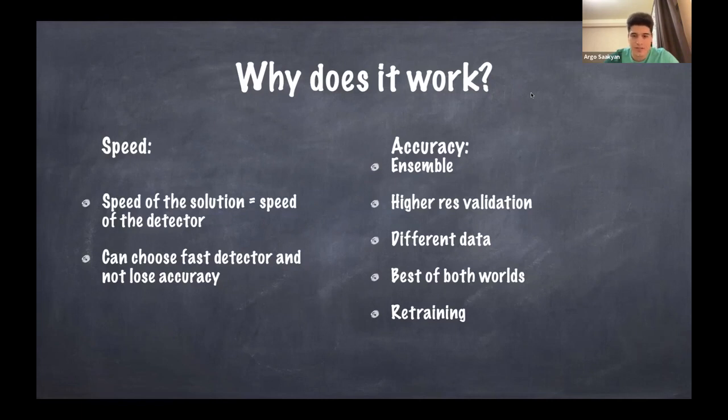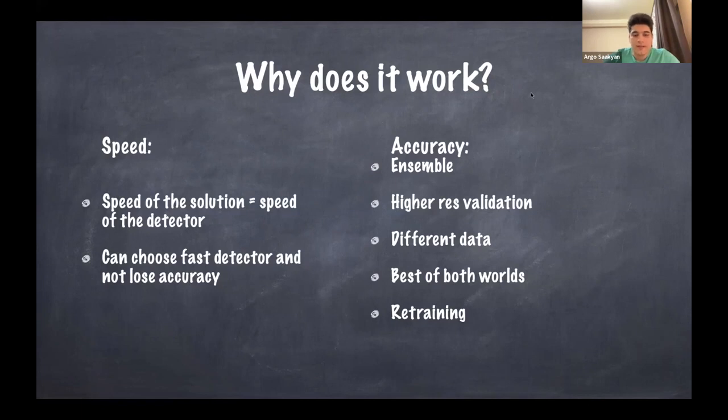There is not much computational power needed in this task. The second thing is that because we have our classifier, we can choose just a fast detector. We don't need our detector to be big and really accurate. We just need it to be fast and to find a lot of cases where there might be a gun.